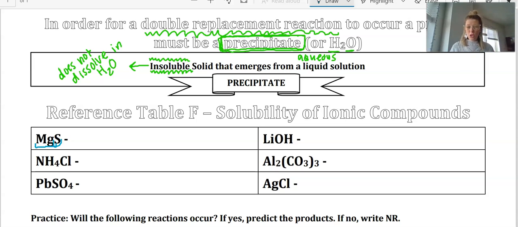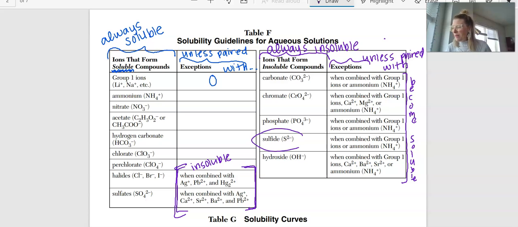So then I skip to my second ion. Is there a rule about sulfide ions? As you scan through your reference table, you'll notice that there is a rule specifically about sulfide ions. Sulfide ions are always insoluble unless they are paired with something that is from group 1 or ammonium.